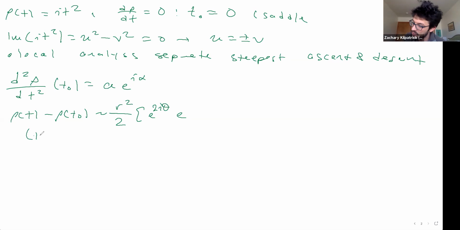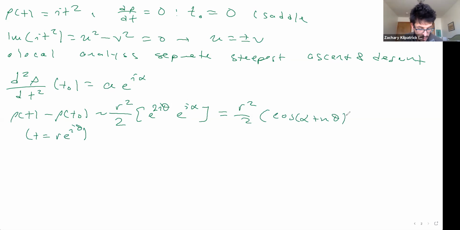If we write t equals r e to the i theta, then e to the 2i theta times e to the i alpha is equal to r squared over 2 times cosine of alpha plus n theta plus i sine of alpha plus, writing n, but we're looking at the specific case here, 2 theta.